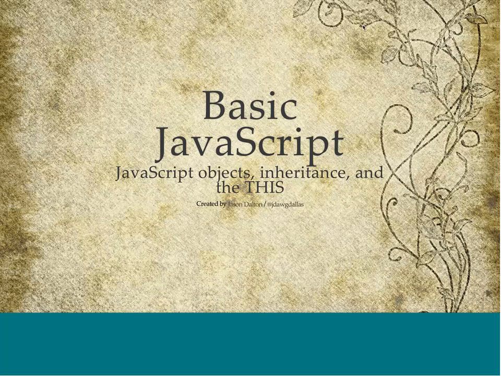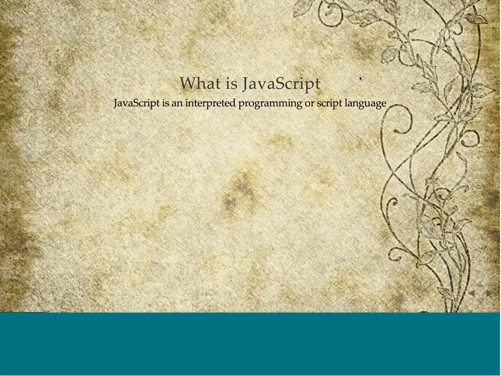So what is JavaScript? JavaScript is an interpretive programming or scripting language. So JavaScript is an actual scripting language, unlike C# or Java, that is more of a procedural language. This is very much a scripting language. The true name of it is ECMAScript.